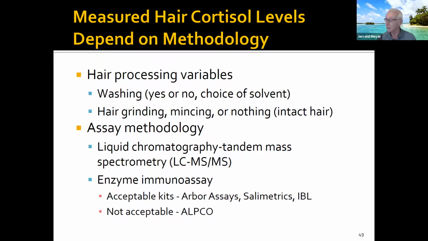I was even contacted by some folks, I think in Taiwan, who were trying to set up hair cortisol. They asked me about all the variables, but they didn't ask me about the kit. And they said, oh, we're getting these really high values. We don't understand why. They were using the ALPCO kit. So we recommend staying away from that one.